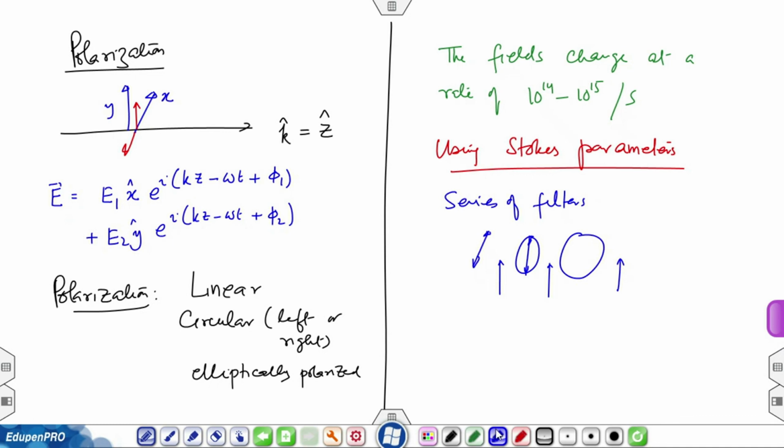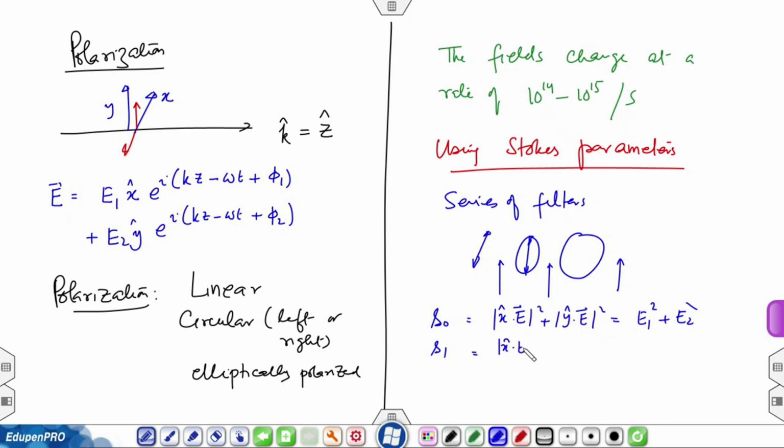The Stokes parameters are defined as S naught, which is equal to x dot E square plus y dot E square, which is basically the sum of the amplitudes in the two directions, E 1 square plus E 2 square. S 1, by using filters and measuring appropriate intensities, is the difference between the two intensities.